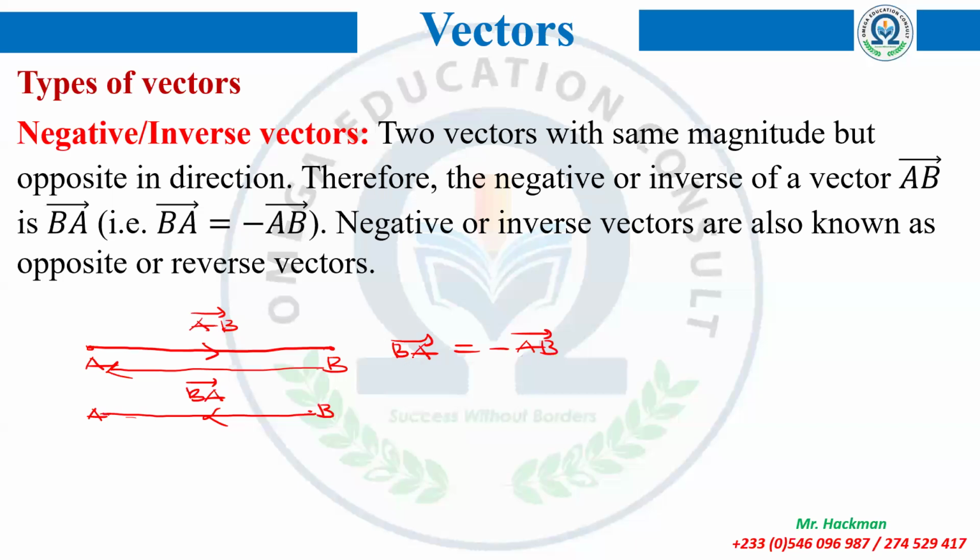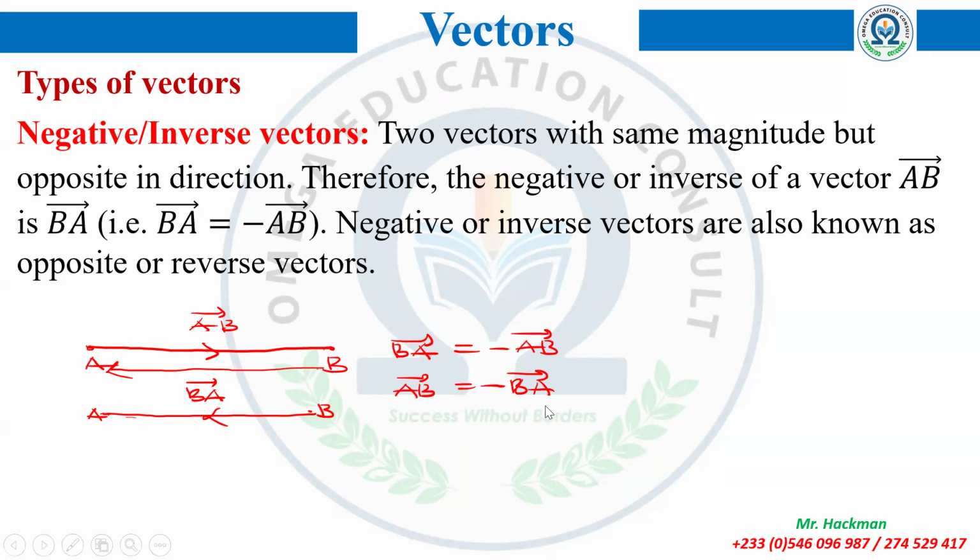So if you know one vector, you know its inverse. How do you form the inverse? Just by multiplying the vector by negative. So I can also say that the vector AB is equal to minus the vector BA. So they are negatives of each other.